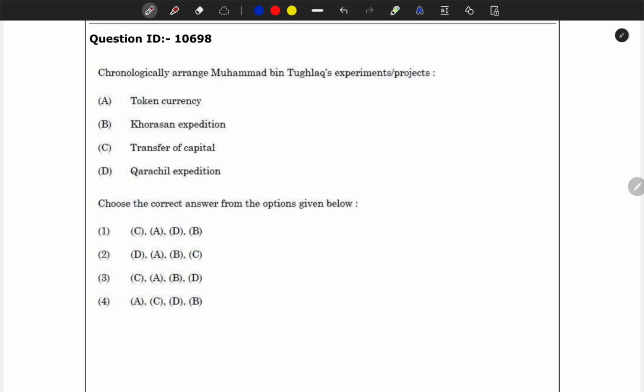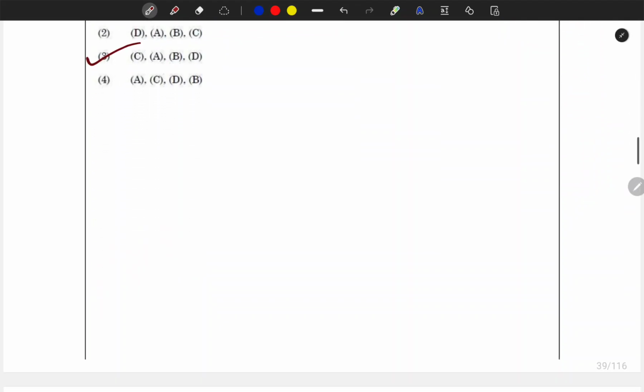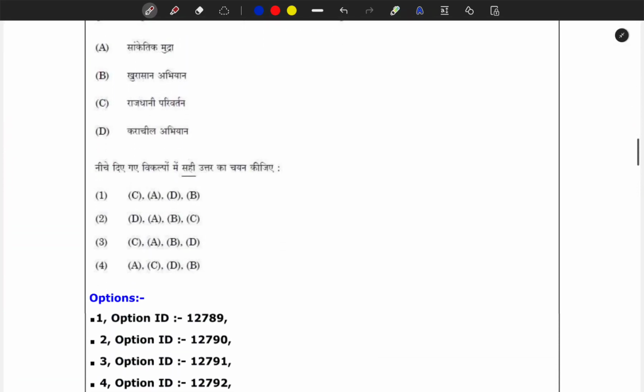This is the first question on chronology. Just see how many questions they have asked on chronology. This is the first one, and it is of a difficult nature. If you are wondering, this is the correct option. I will share this in the group.